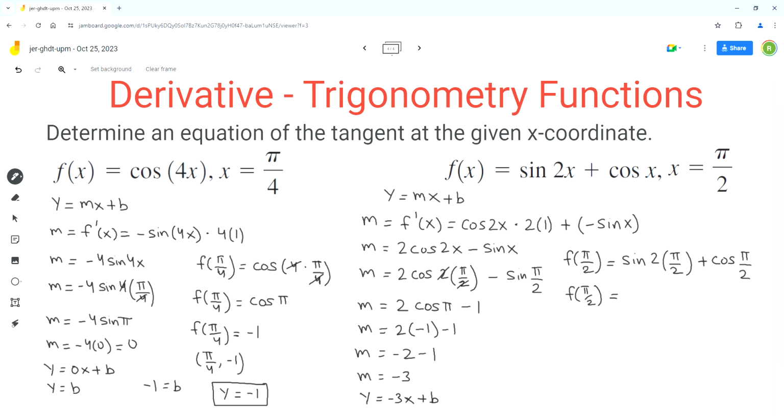Now in the sine term, the 2's will cancel each other out, and cos of pi over 2 is equal to 0. And sine of pi is equal to 0. So the point is pi over 2, 0.